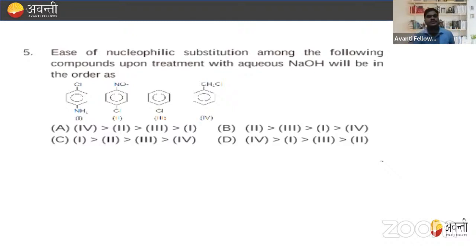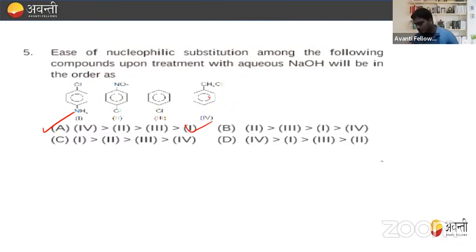So the correct answer is the fourth one, that is CH2Cl. Then the second one, then the third one, and then the first one. So the order is fourth, second, third, and first. So this is all about the important questions related to this chapter.